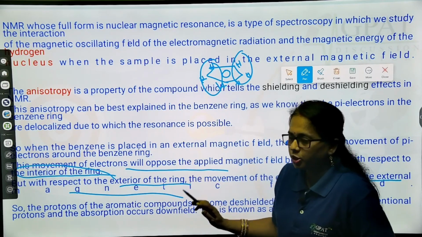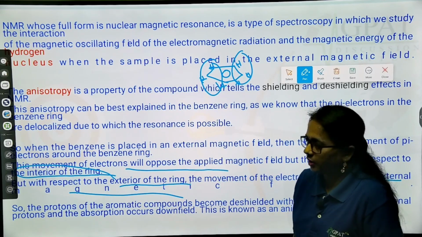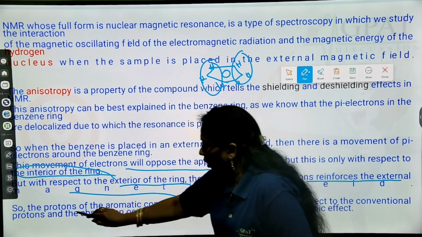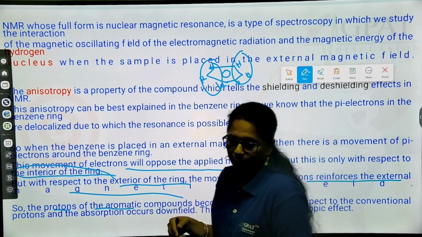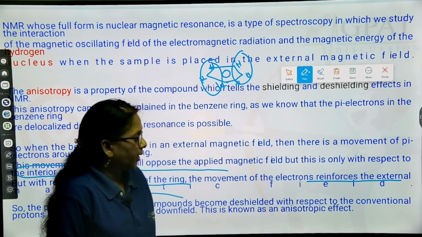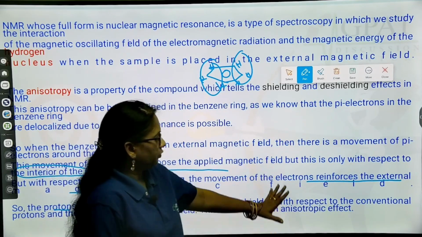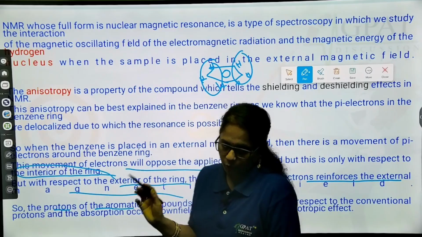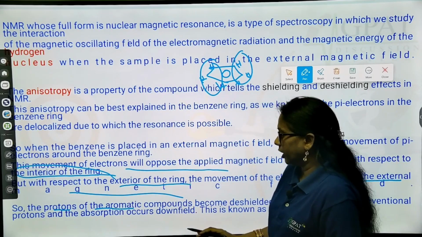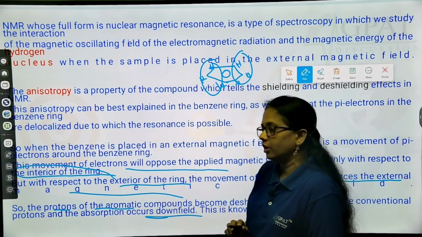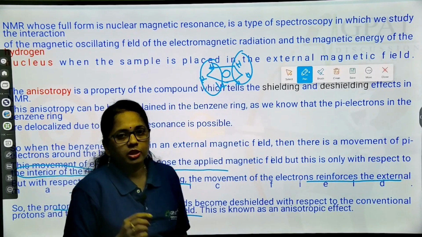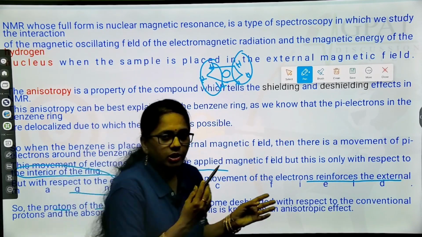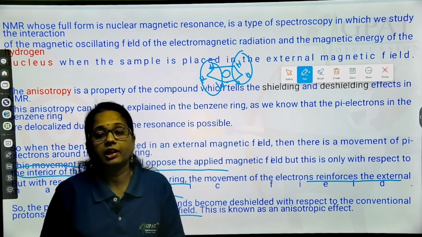It is best explained here with the benzene ring. The protons, the hydrogens of these aromatic compounds, become de-shielded with respect to conventional protons, and thereby the absorption is towards the downfield. De-shielded means downfield, that is, the chemical shift values are very high.